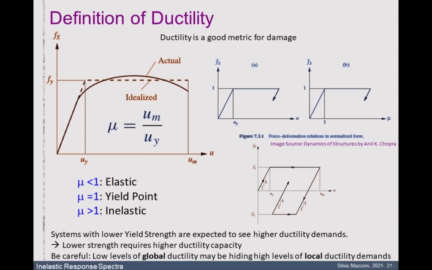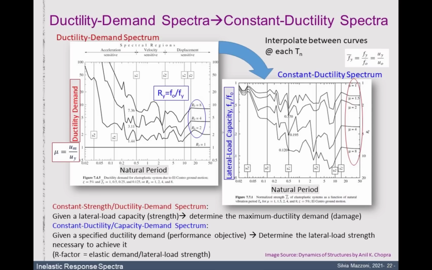The other thing to take into account when you go into ductility greater than 1 is that now you're dealing with residual displacements as well. And that's a measure that needs to be kept in mind as you do your analysis or evaluate your structural performance. And so now that we've defined ductility, you're going to find these ductility demand spectra, which is pretty much the next step.